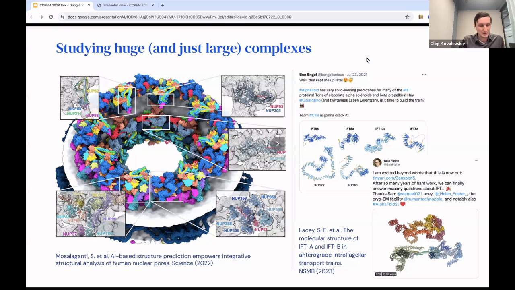The structure on the left is of the nuclear pore complex. A more complete model of the pore was produced by 3 different groups, and we were really excited to see that 2 out of 3 groups used AlphaFold as part of their model building process. Intraflagellar train is another example of a huge structure built with the help of AlphaFold.